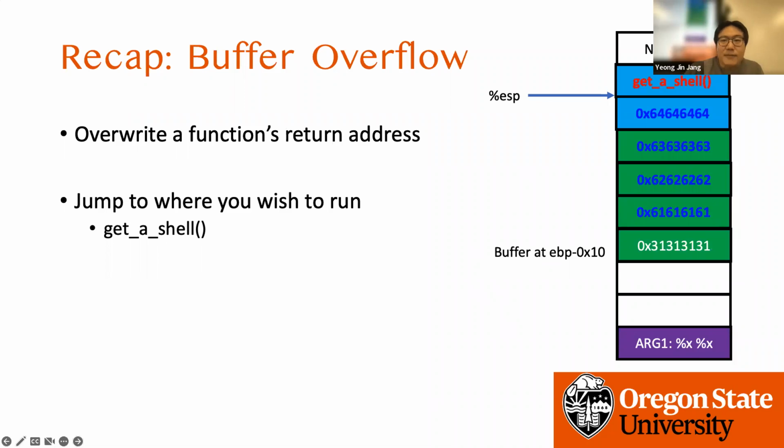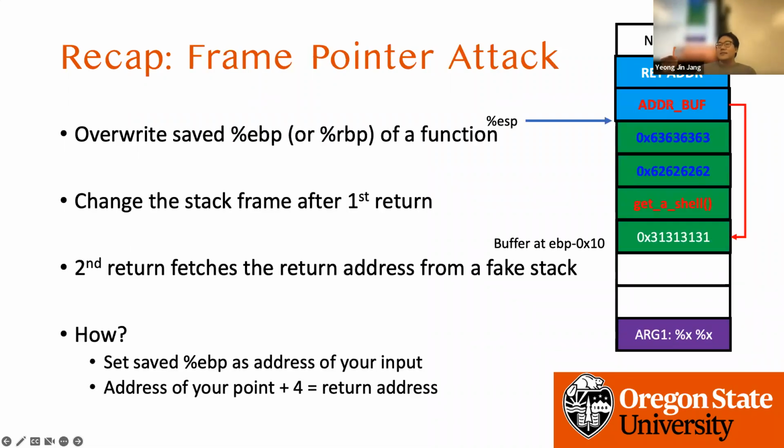We also learned about the frame pointer attack. For this kind of stack, we call the green part pure data. And the cyan colored part we call control data, because that affects the program's control flow. If we can change any bit or byte in the return address, then we can easily change the control flow of the program from the expected one.